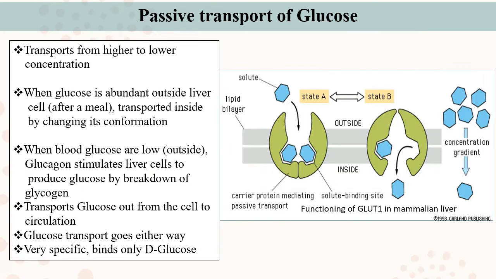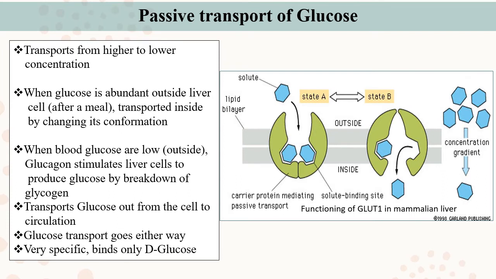That is the difference. Glucose is transported from higher to lower concentration by the GLUT1 carrier present in mammalian liver or in any other cell. When glucose level is abundant outside the liver cell, especially after a meal, glucose molecules bind to externally displayed binding sites, the state A. When the protein switches conformation, it carries these molecules inward and releases them into the cytosol, where the glucose concentration is low.